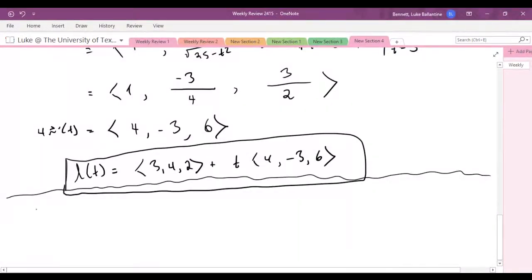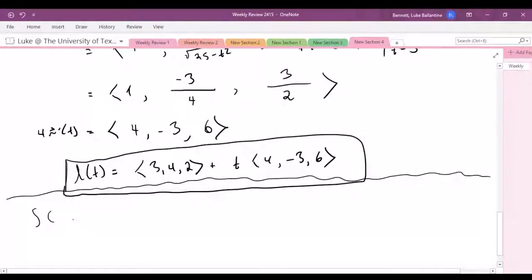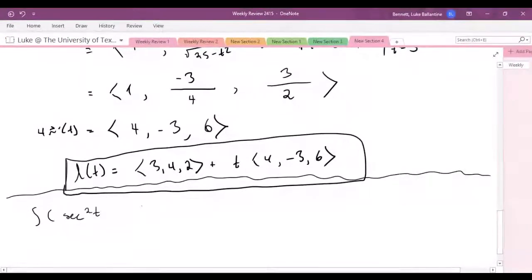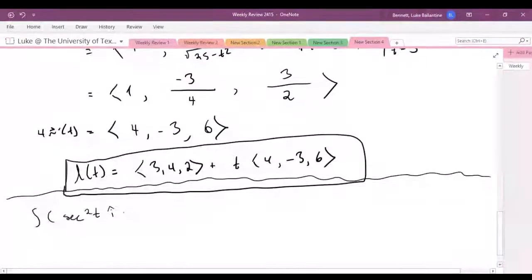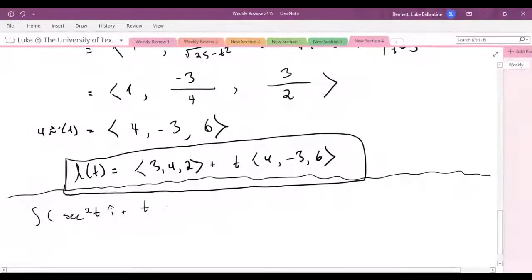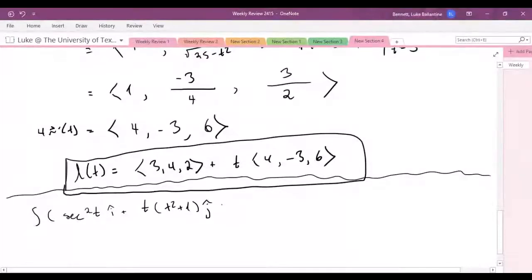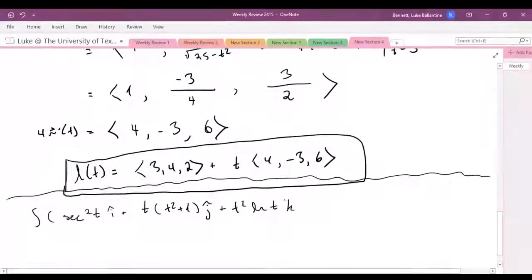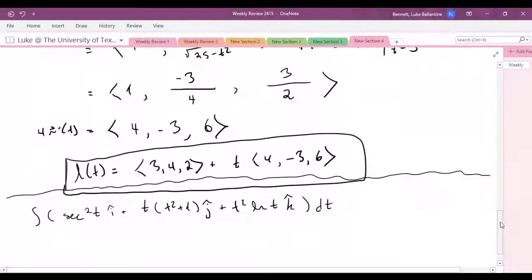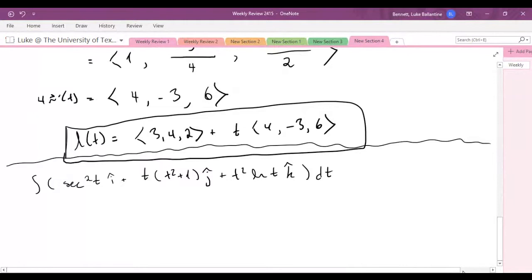It's asking for the integral of secant squared t i plus t squared plus 1 j plus t squared ln t k dt. This problem is really three single variable integrals.